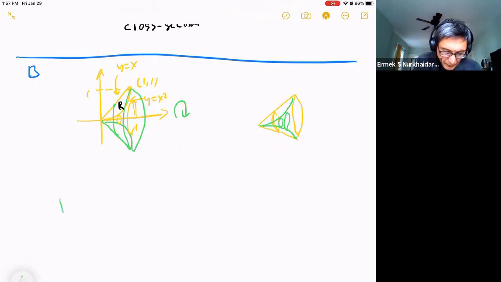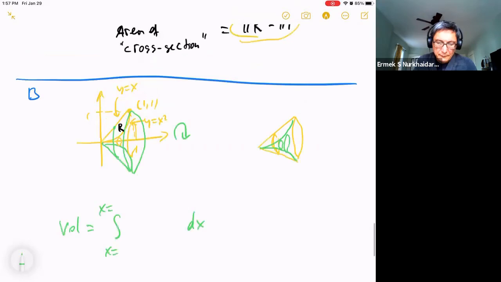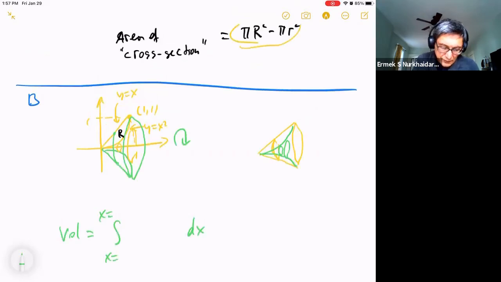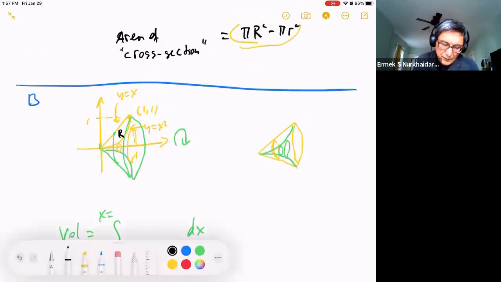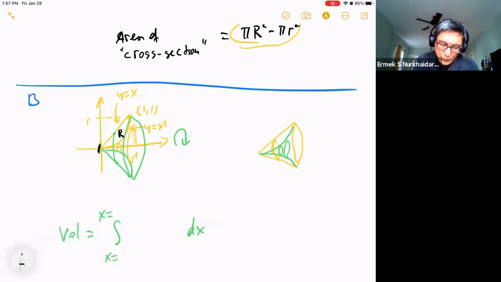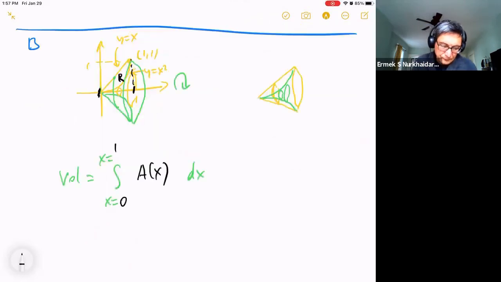Anyhow, volume equals integral dx, because we're going to cross cut the x-axis. x starts here, x ends there. We're going to start at x equals 0, and we will finish at x equals 1. And here, area of cross section. Let's visualize the cross section.